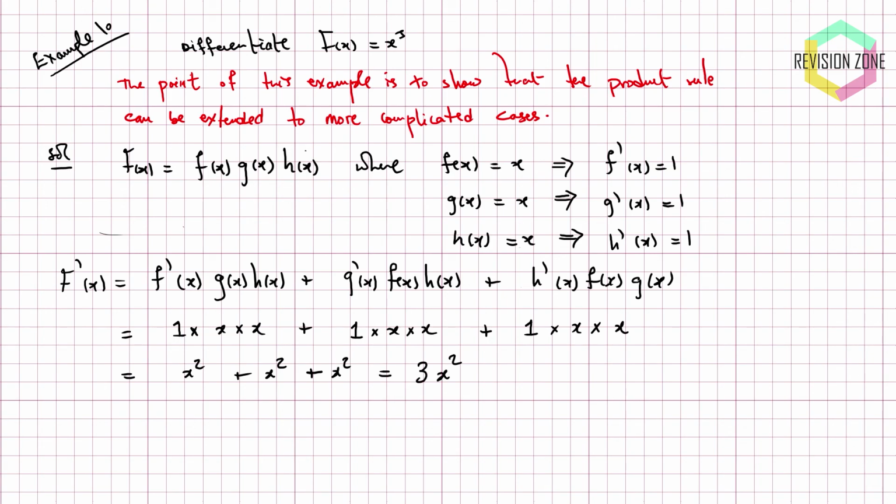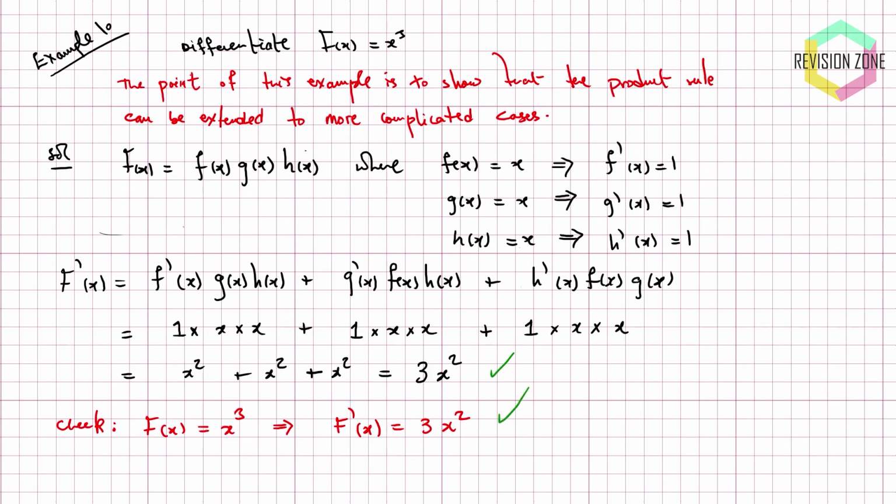And of course, in this case, we can actually just check because our function capital F is already a nice polynomial function. So when I differentiate x cubed, we basically get 3x squared. So we can see that we get the exact same answer.